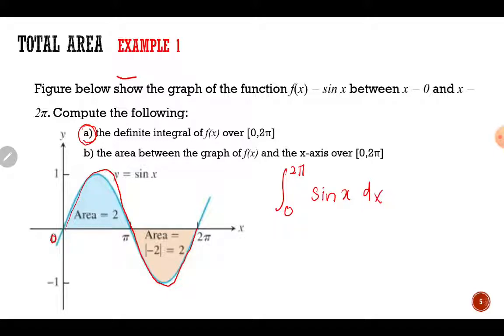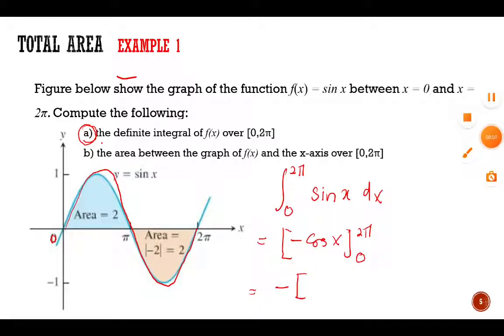If you integrate sin x dx, what will you get? Differentiate what to get sin x? Negative cos x. If you are not sure, you can look at the table. From 0 to 2 pi, negative cos 2 pi minus cos 0. I put the negative outside first because it is regarded as a constant.